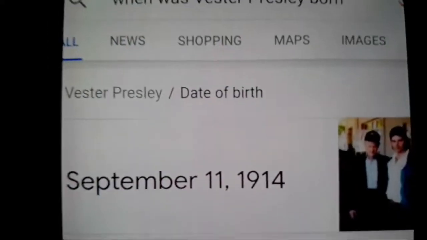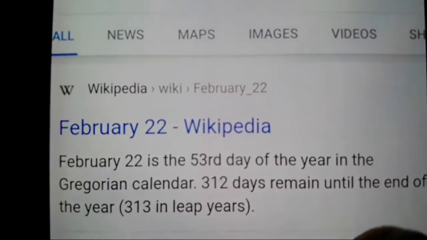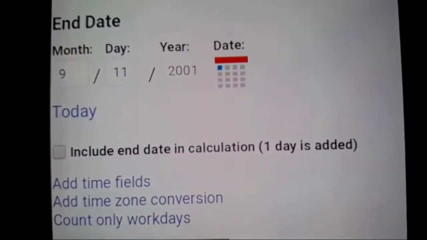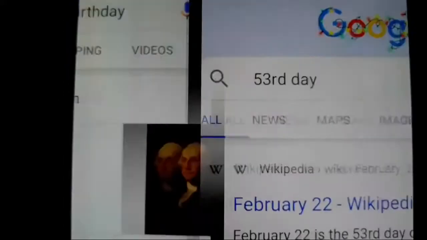So we're talking about Vernon Presley and the connection to 9/11 he had, all the connections. He has a bunch of connections with 9/11.